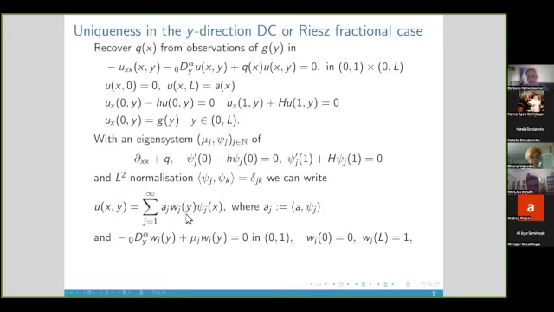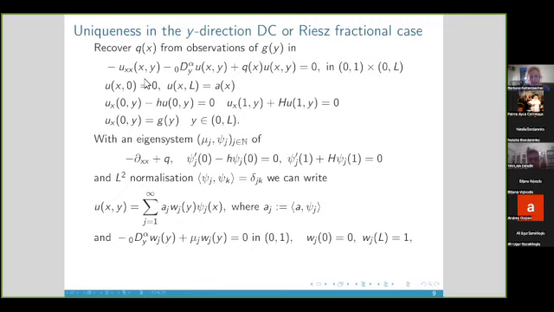So doing separation of variables, we find that these wj functions have to satisfy, so to speak, the y-dependent part of the PDE. If we look up there, it's this fractional alpha derivative, or it could also be a Riesz derivative. So this fractional derivative acting in y direction now acts on our wj ansatz functions.